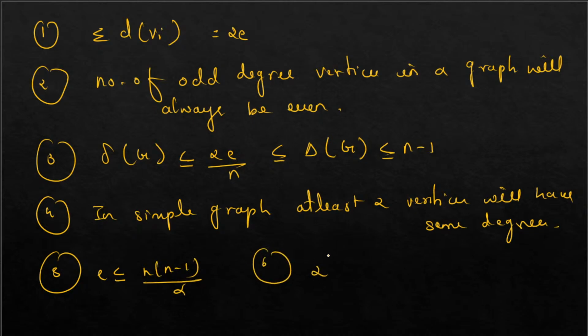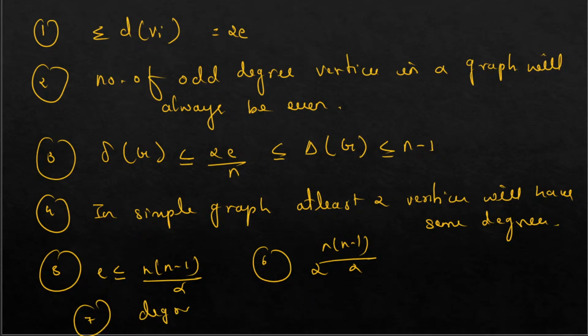Sixth is 2 to the power (n minus 1) by 2. Okay, seventh is degree smaller than n minus 1. Okay, n is the number of vertices. Note this, everyone.